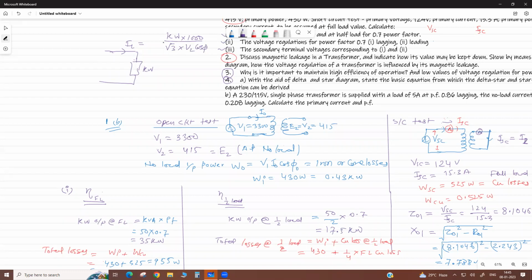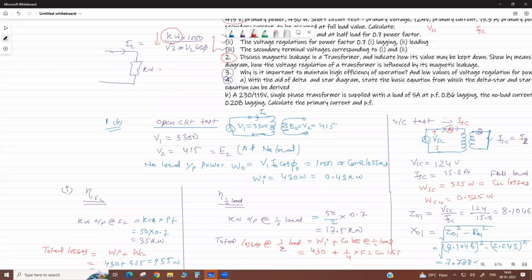This is the load current, √3 VL cos phi. It means if your kilowatt load is half, then your load current becomes half.